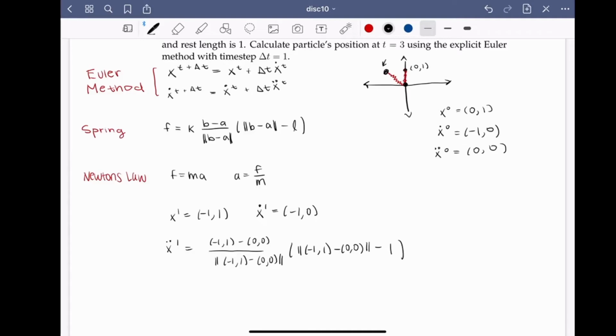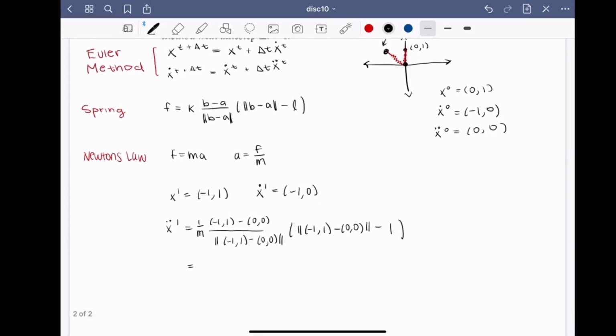Okay, and this, I'm just going to add our 1 over m term here because we're calculating acceleration. Alright, and then if we just simplify this, we're going to get 1 over m, negative 1, 1. This is going to be root 2, and then this will be root 2 minus 1.